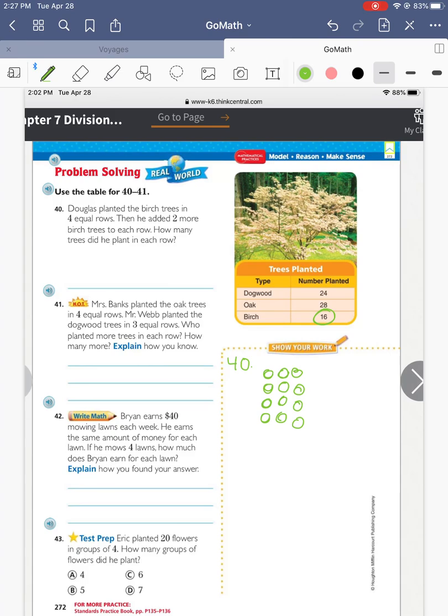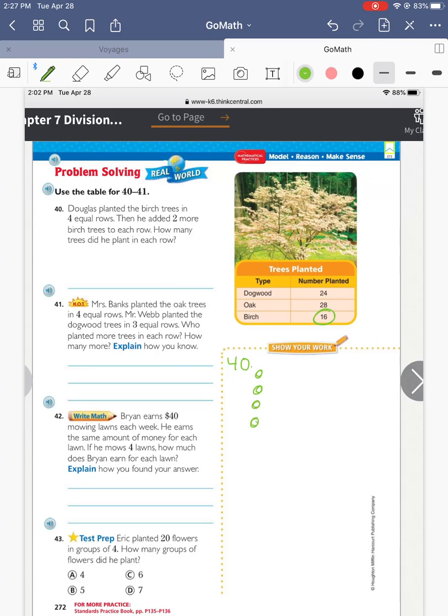Okay, so hold on. We're going to start that over. So first, we need to draw the number that he's already planted. So looking at the chart, he already has 16 planted. So they're saying that he has 4 rows of trees.